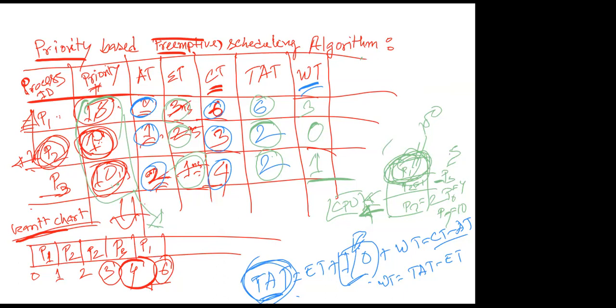The convoy effect can also occur here. Because this doesn't consider any execution time, let's say a process needs to complete 2000 nanoseconds.